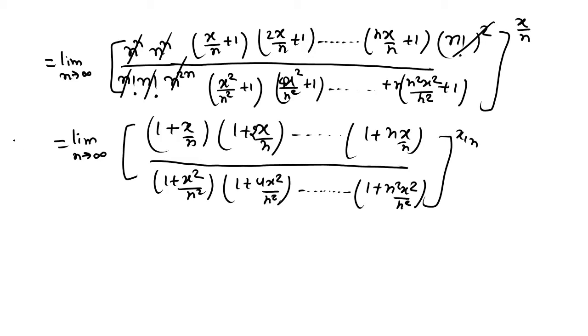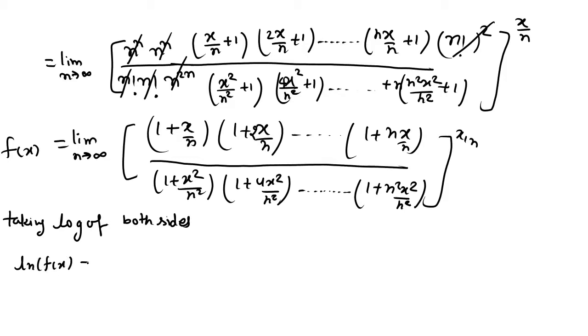This is our f(x). So if we take log of both sides, this will become ln f(x) equals the limit as n tends to infinity.